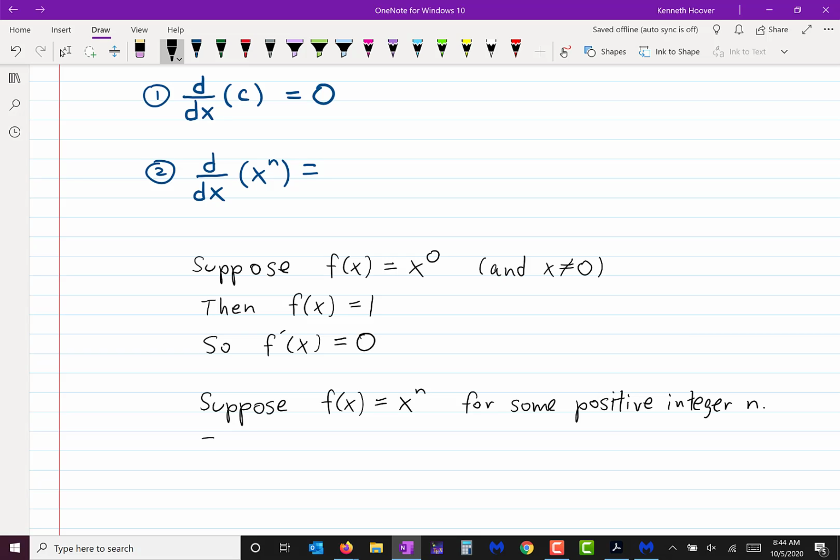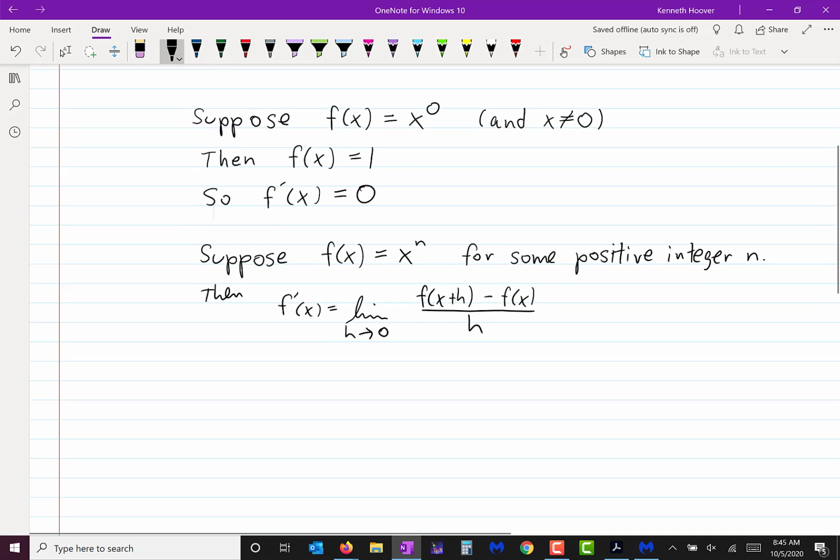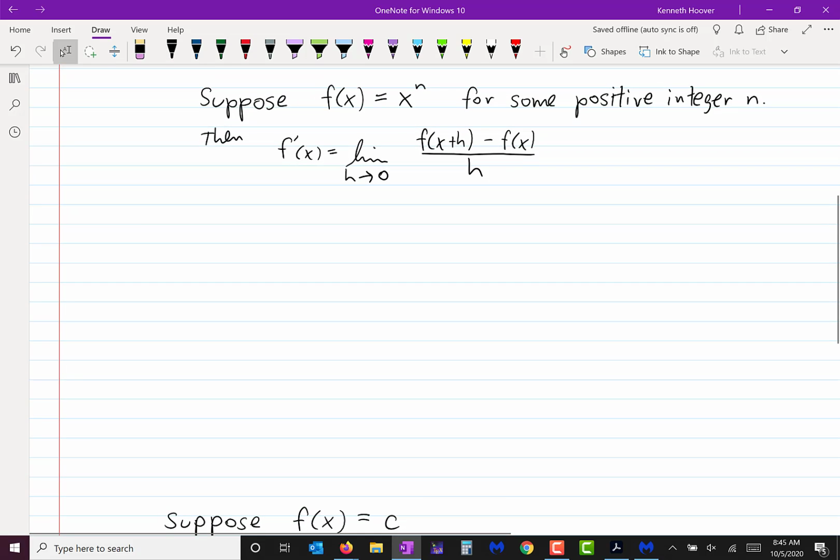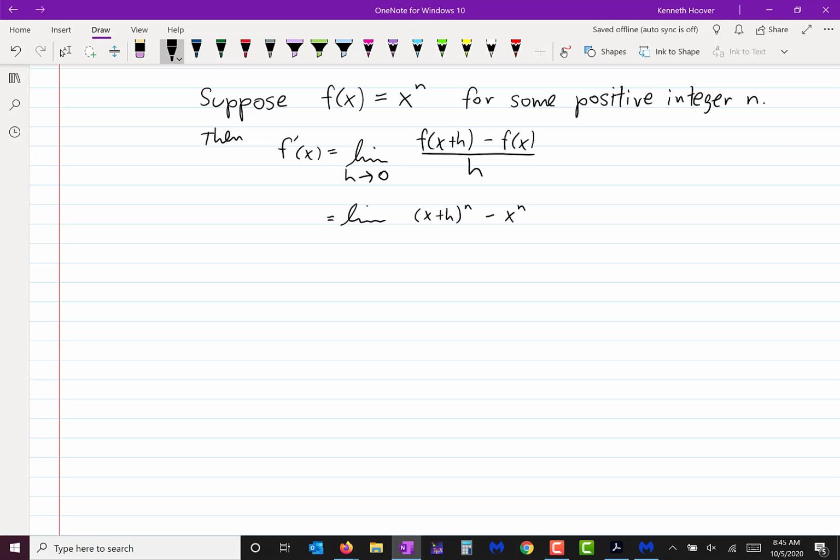All right, then let's look at the derivative. So we would have f prime of x equals the limit of f of x plus h minus f of x over h as h goes to 0. Okay? And in this case, that would equal the limit of x plus h to the n minus x to the n over h.